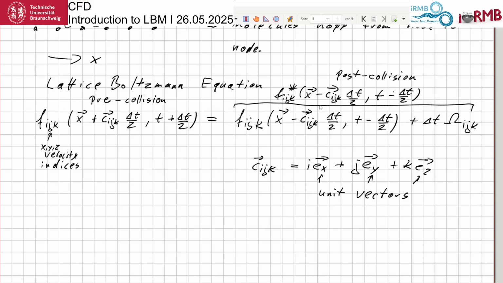Okay, so it's the previous state. Yeah, from the previous time step. Okay. So the previous time step, you see, you just go one time step away, then this becomes this again. Yes. Yeah, but then there's the collision on top of this. Okay. So you have to add the collision to this.